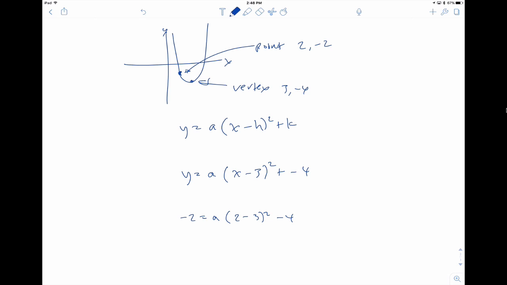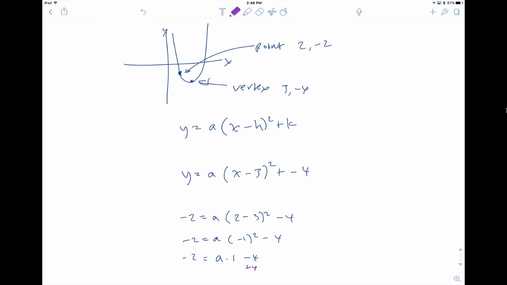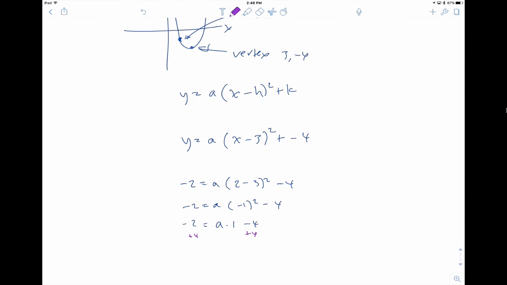Keep on going algebraically with it. Minus 4 plus 4. So we end up with, if I just move this around, a is going to be equal to plus 2.